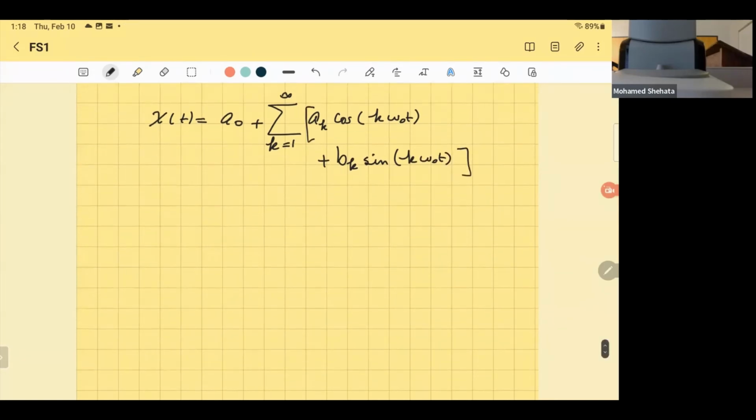Sometimes they put it in compact form. What does compact form mean? Only one term, cosine or sine, shifted. So I will give you the formula. Most of you will use cosine. So we'll say it's equal to a naught plus the sum from k equals 1 to infinity of A_k cosine(k omega naught t plus phi_k), where phi_k is an angle.